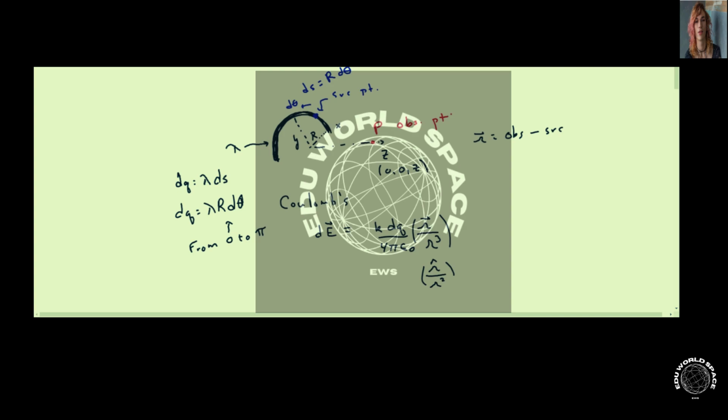The source point is lying in a circle in the xy plane, so has coordinates r cosine theta, r sine theta, and no z. There we go. So the observation minus the source. So we have the coordinates there.